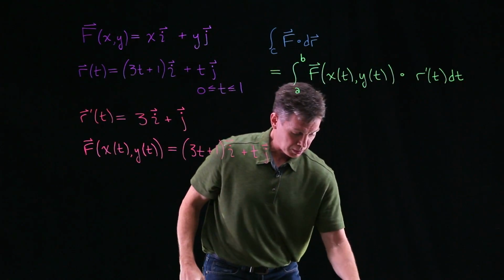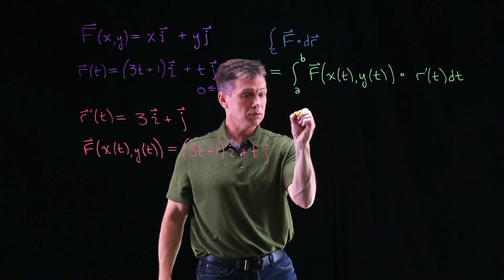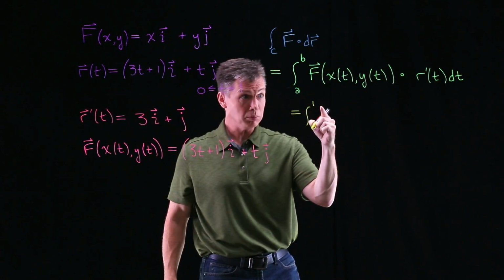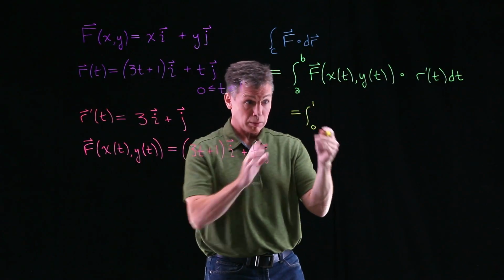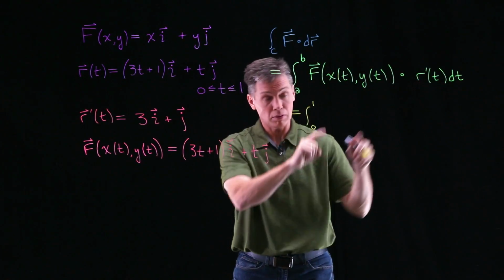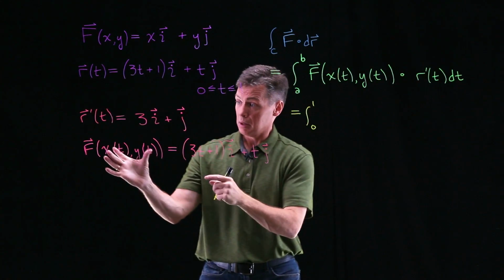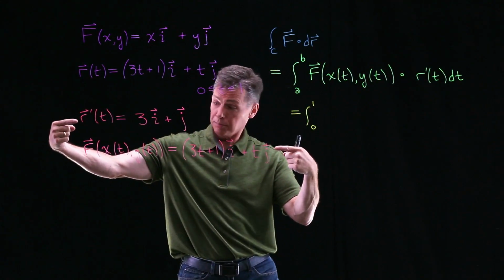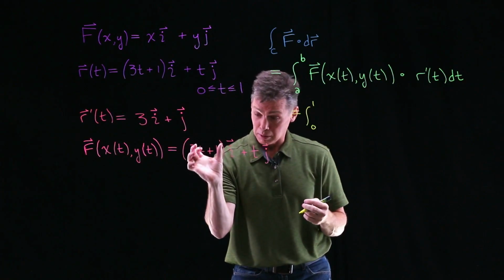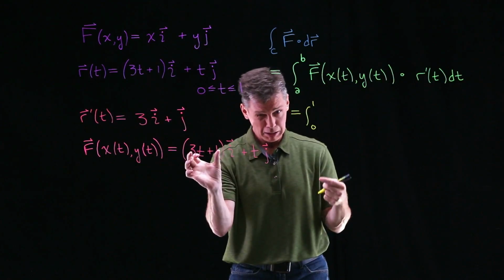In my next step, this will equal the integral from 0 to 1 for a and b. Let's do this dot product as we fill in this line. So this f dot that r prime, I'm looking at these two right here. For our dot product, you're just multiplying the pairwise components and adding in between.